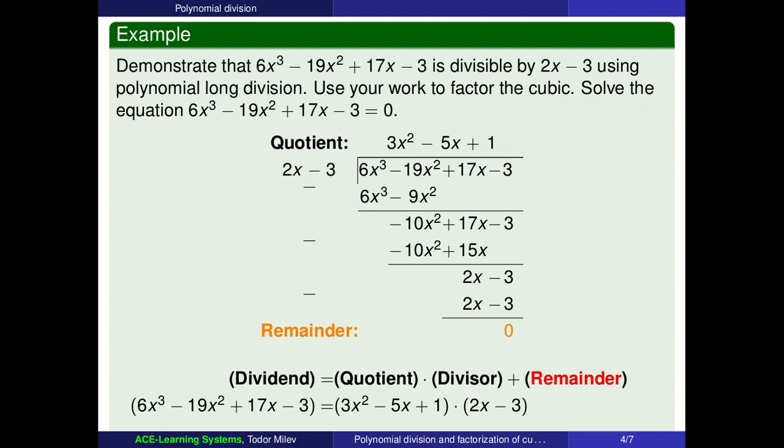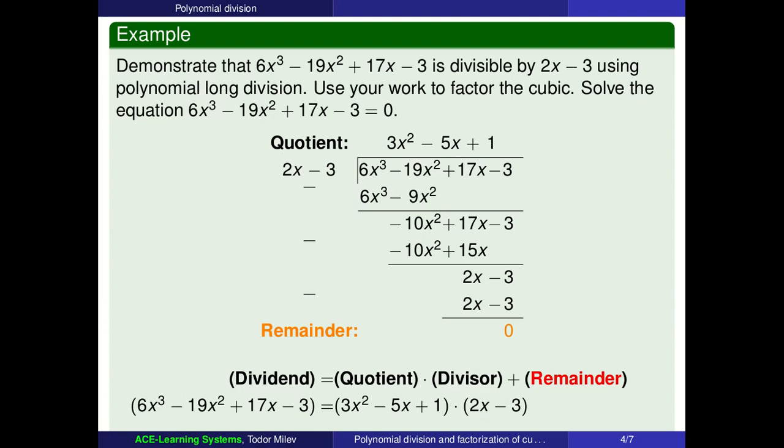How was that promised? Well, we were promised that the dividend is divisible by 2x minus 3, which means that the remainder is 0. So now, let's see how that polynomial long division helps us factor the cubic.